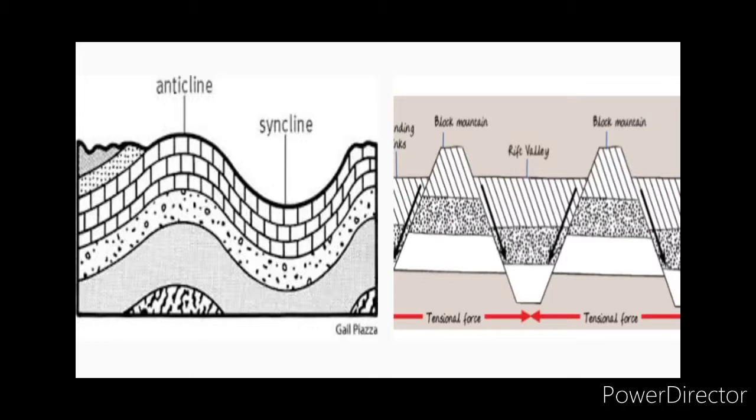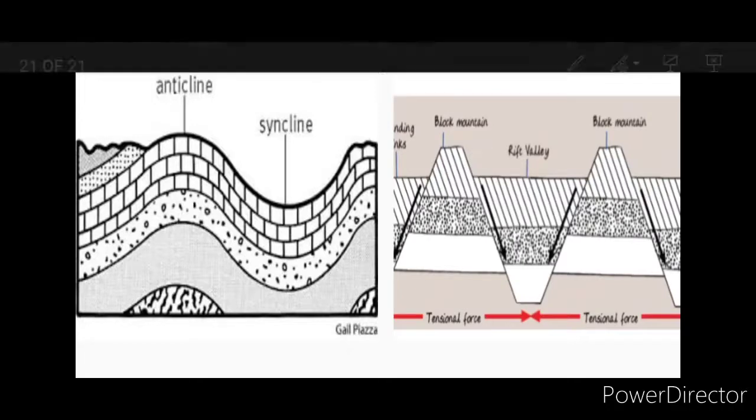They also show you anticlines and synclines. What are anticlines and synclines? When sedimentary rocks are compressed, we learned last year what are sedimentary rocks. So when these rocks are compressed, that means they are pressed together, and wave like bends called folds are formed.